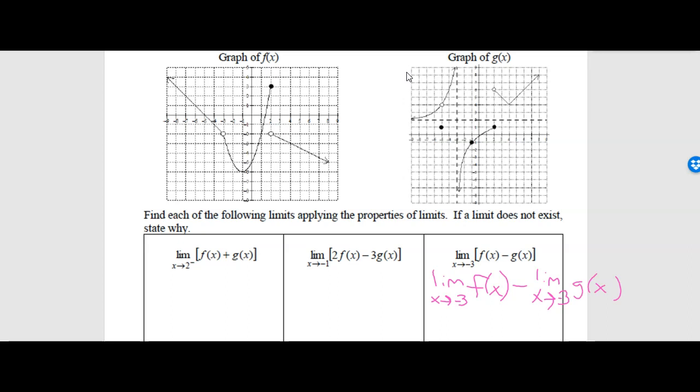As we look at f of x as it approaches negative 3, this limit does exist, even though the function does not exist at this point.